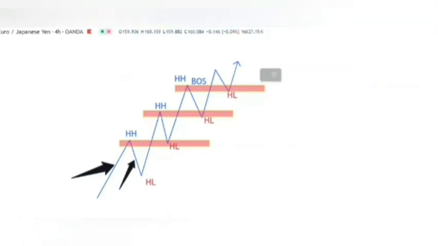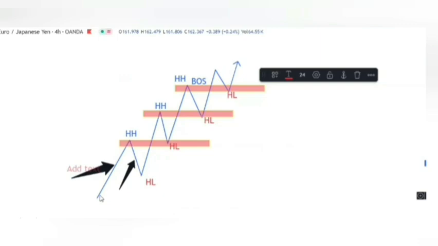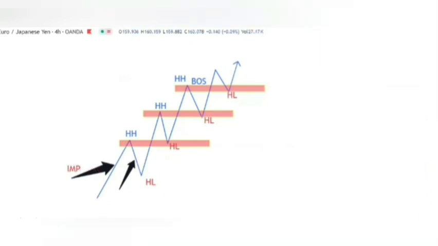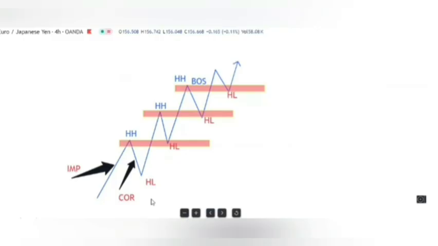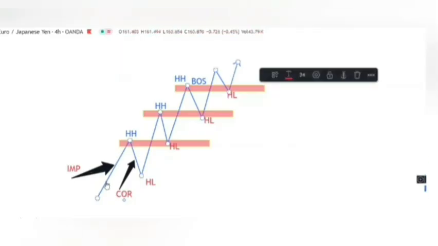So there is an impulse, and we have a correction, which is also commonly known as a retracement. You have a retracement right there, and you have an impulse. So there's an impulse and a correction.